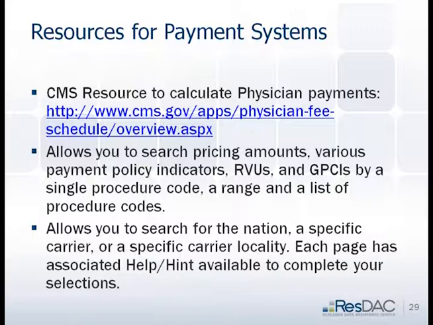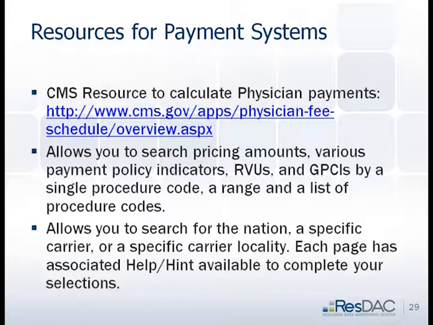So it's a resource to actually calculate some of these physician payments ahead of time. You can look at pricing amounts, the payment policy indicators, including the RVUs, what is that particular HCPC RVU, the GPCI, for a single procedure, or you can put a whole range in and it'll give you that information. So if you're interested in radiology, you could just put all the radiology codes in and get that information back for the PC pricer.